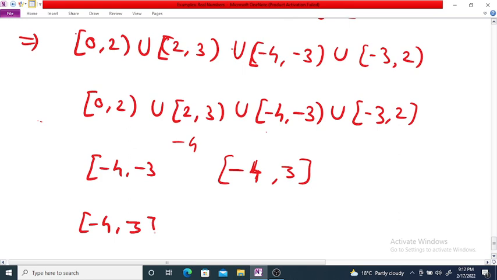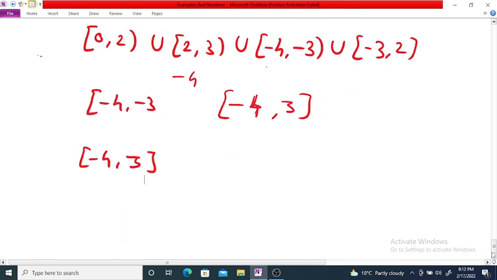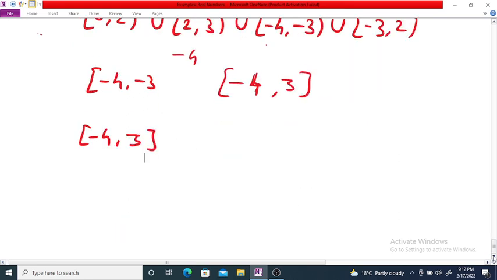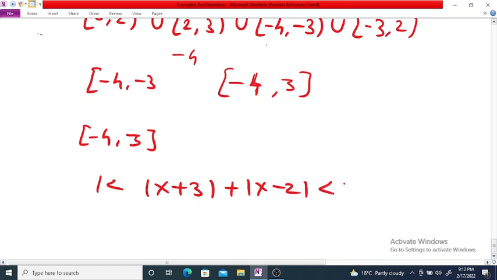What is the given condition? 1 less than mod of x plus 3 plus x minus 2, less than 7. So for x equal to 0, it is true: 3 plus 2 is 5, it holds.